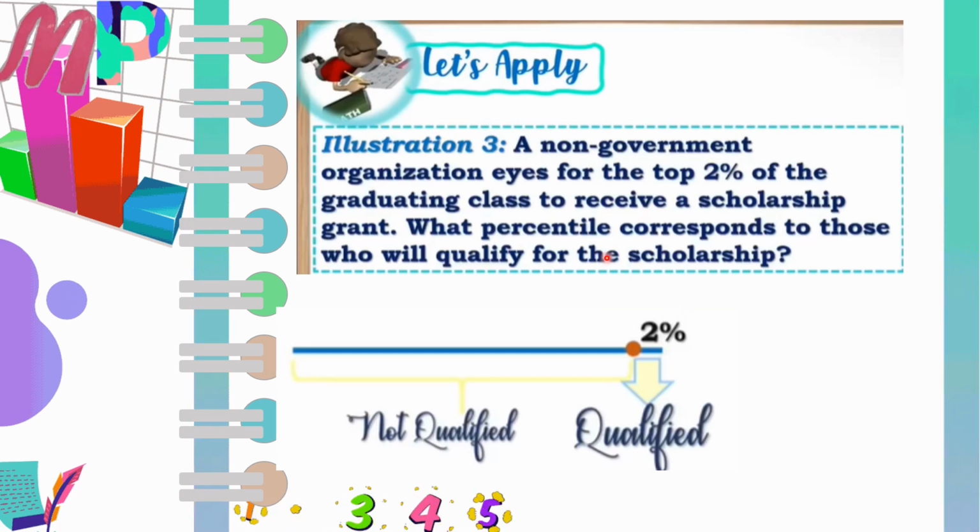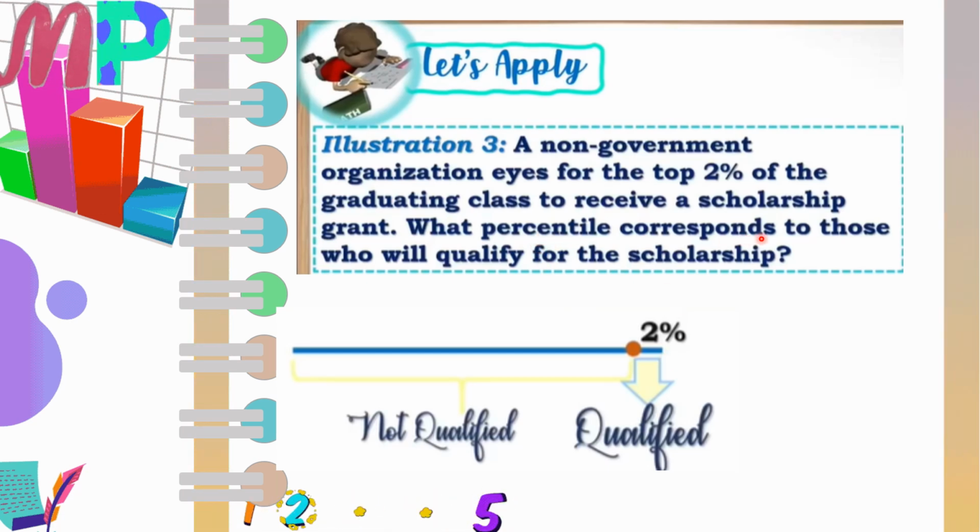So the question is, what percentile corresponds to those who will qualify for the scholarship? As you can see, the total distribution is 100%. Now, if there is 2% on the other side of this position, how many were left?